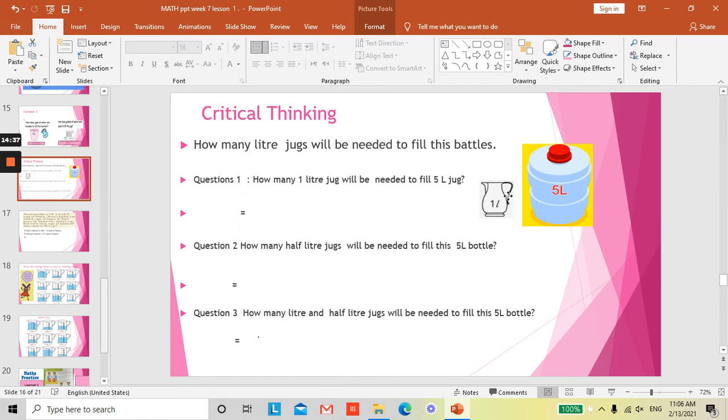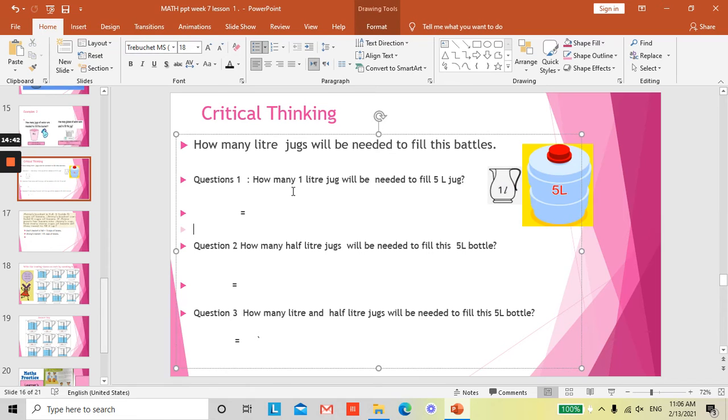I'll make it a little bit smaller and move it close to here. How many 1 liter jugs will be needed to fill the 5 liter jug? So we have a 1 liter jug here and then the bottle of 5 liters.